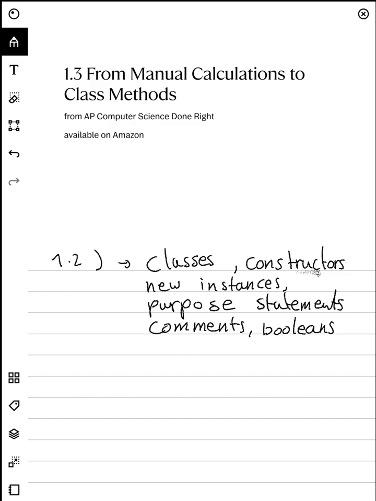All right, in this class, in chapter 1.3, we're going to learn about manual calculations to class methods. So let's go back to our previous examples.